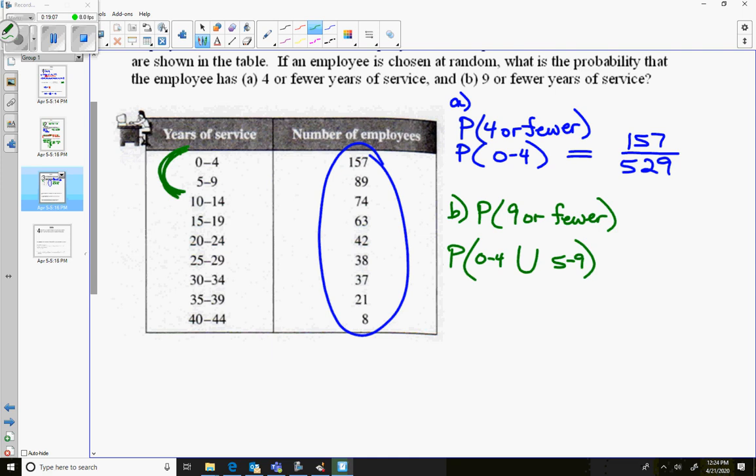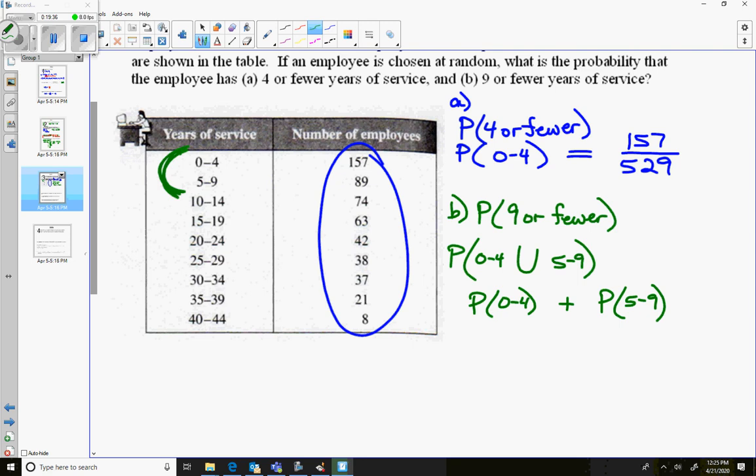Is there any chance of overlap? And the answer is no. Your number of years of service is definite there, so these two are mutually exclusive. So the point of that is it's simply going to be the probability of the 0 to 4 group plus the probability of the 5 to 9 group, and we don't have to worry about their intersection.